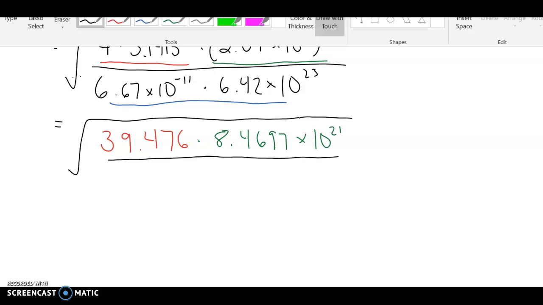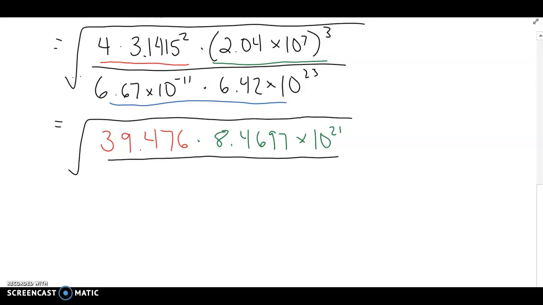And then the blue one is 4.282 times 10 to the 13th.